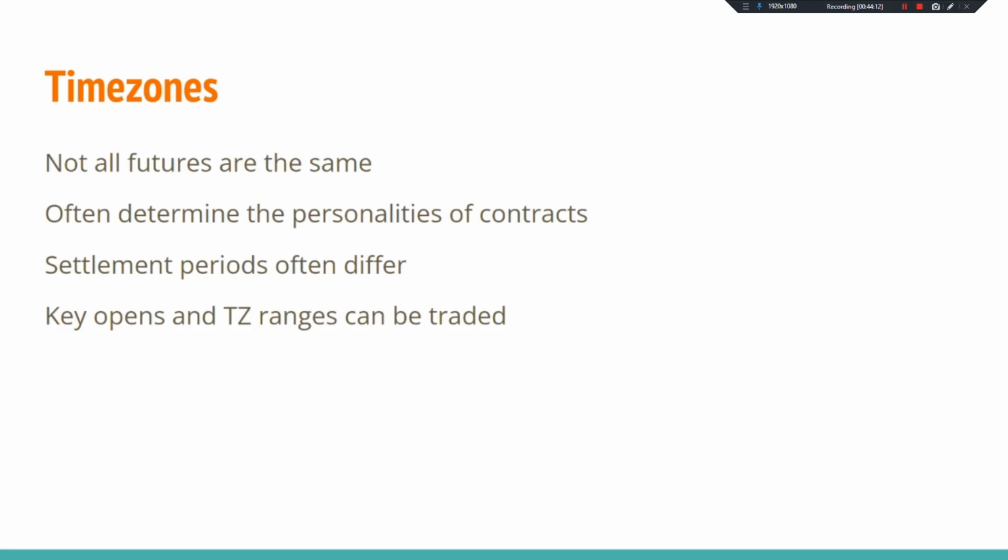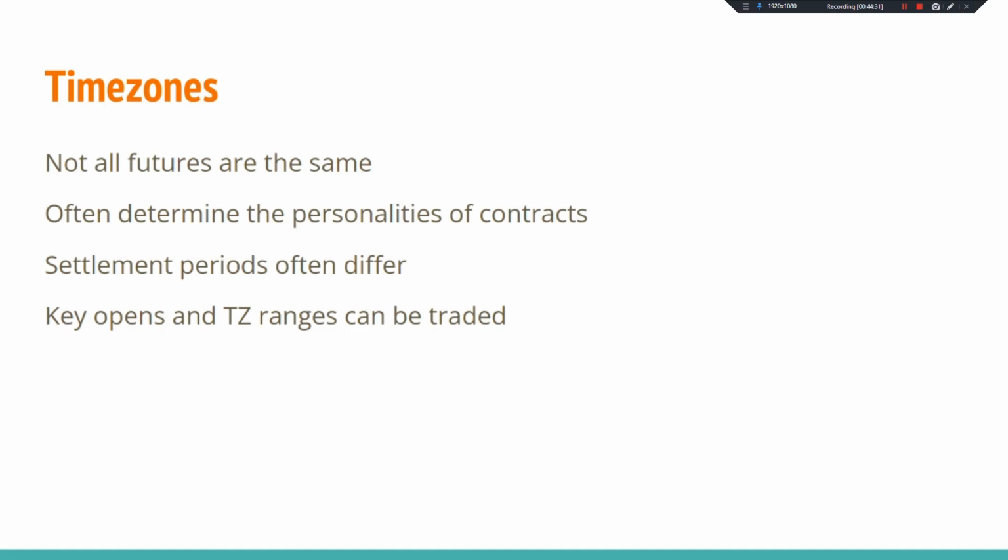Similarly, precious metals, often led by the Asian market. Oil and gas and energy, different, often led by London and reacted to by the US markets. So you can take advantage of some of those things.